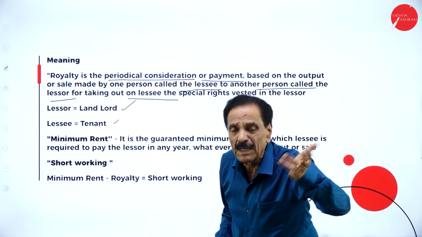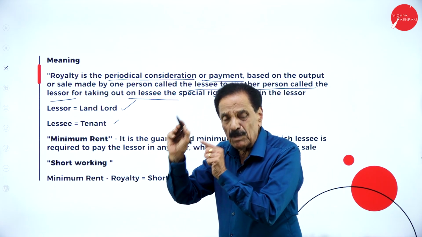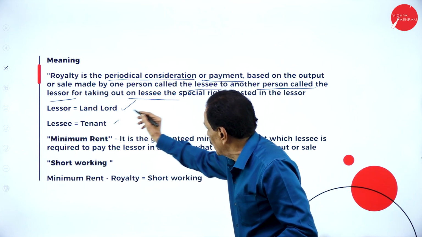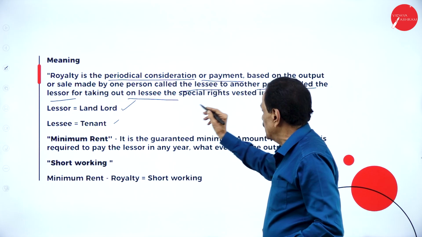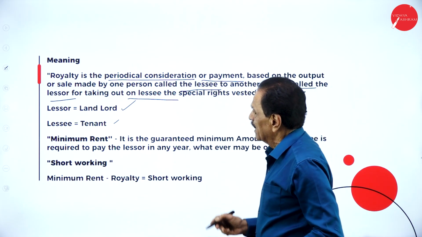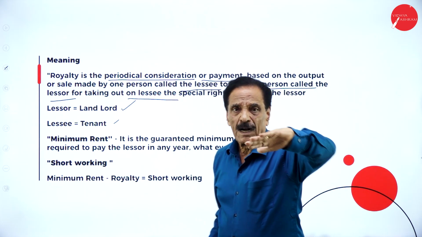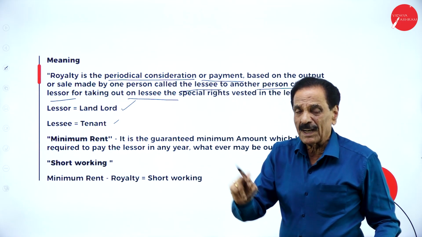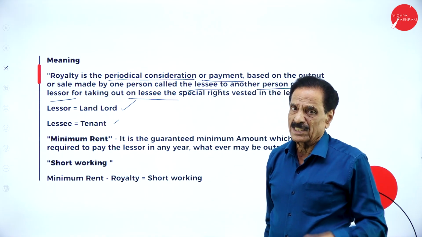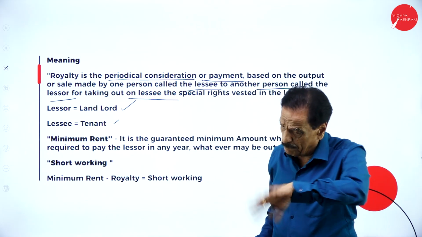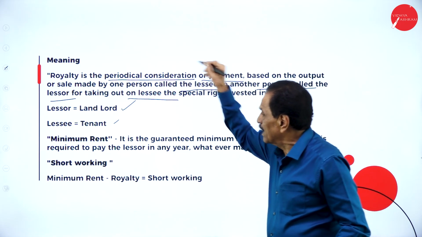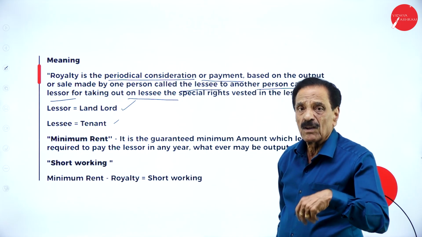Who makes the payment? The lessee makes the payment to the lessor for taking out the special right vested in the lessor. Whatever the output is, the special right is enjoyed by the lessee. He takes it out and pays some consideration. That consideration we call a royalty.